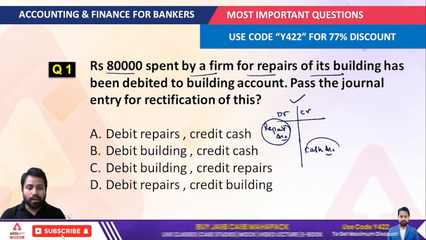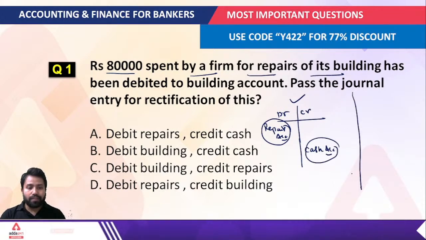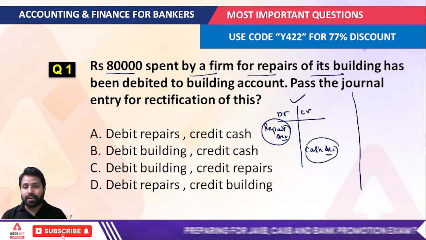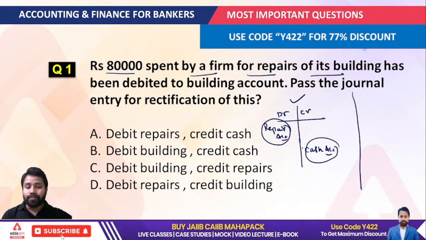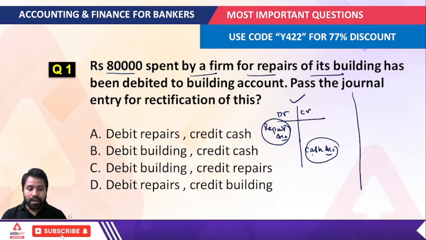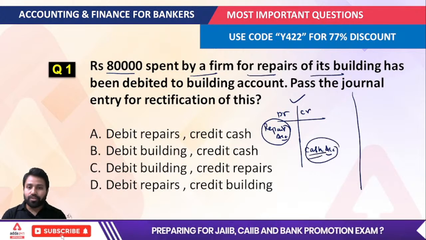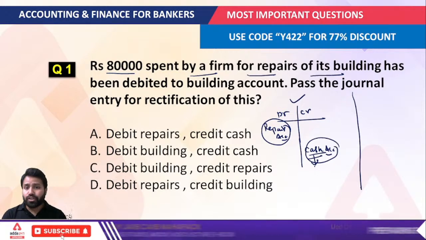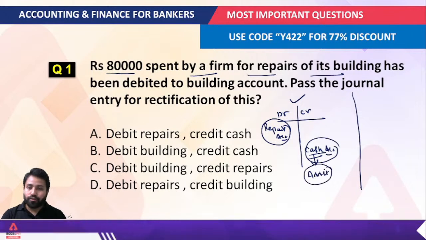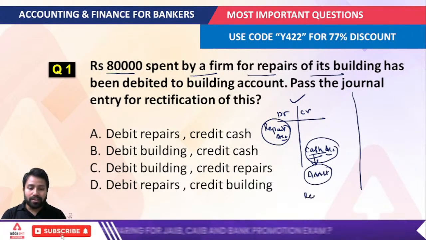Now you can understand a very important thing. Whenever you feel uncomfortable deciding which account should be debited and which should be credited, ask which account category cash comes under. Cash is an asset for the company, and an asset comes under the real account category.